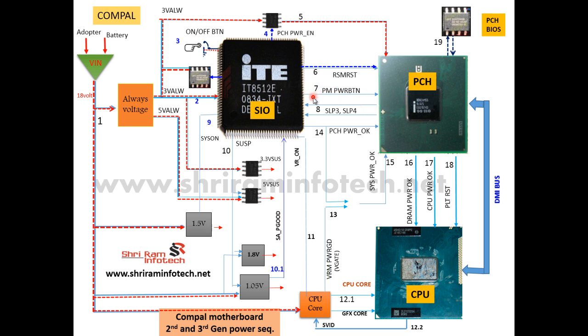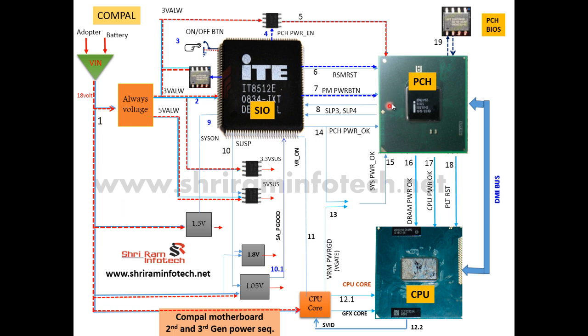This is called the post power button, or the digital power button, saying to the PCH that the power on button is pressed, are you ready for work, or give me the permission to turn on the laptop. He is asking the PCH. So firstly here is 3 volt, then it goes to 0 and again back to 3. So a 3-0-3 pulse is generated at this pin, called the PM power button.